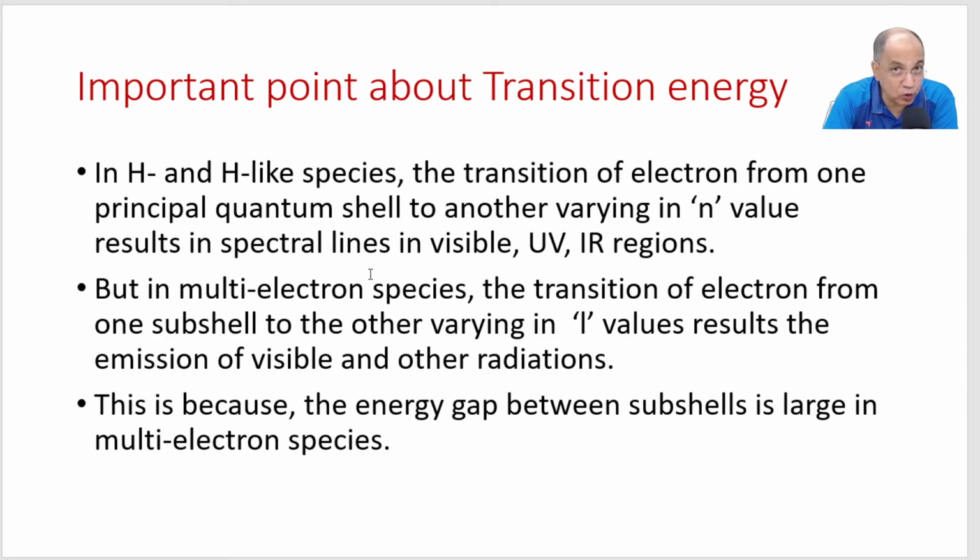Now before we do so, let me tell you that transition energy in hydrogen or hydrogen-like species will produce lines in the UV visible region by electronic transition from one principal quantum number to another principal quantum number: 5 to 2, 5 to 4, 5 to 1.